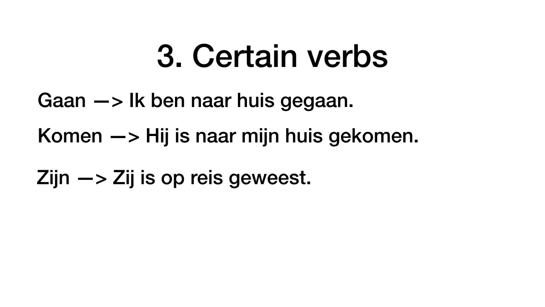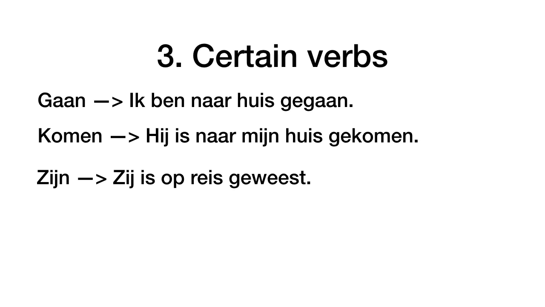Then you have the verb zijn. Zij is op reis geweest. Well, zijn, you could say that it's like a change of the state of the subject, that the subject is undergoing the action in some way. Maybe this works for you.